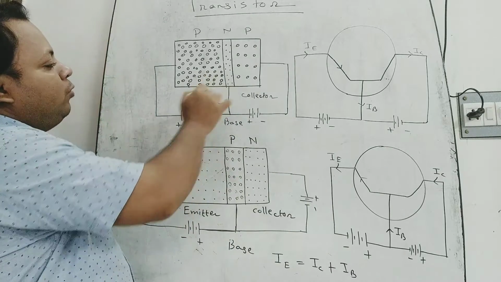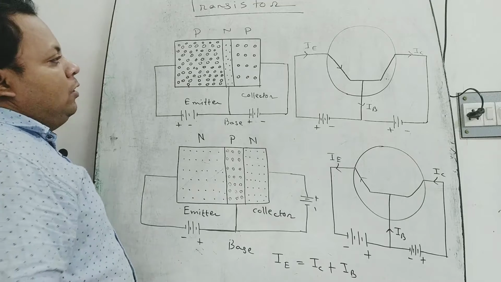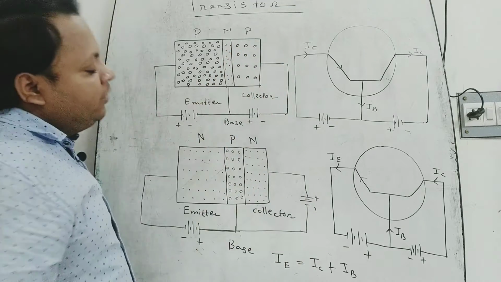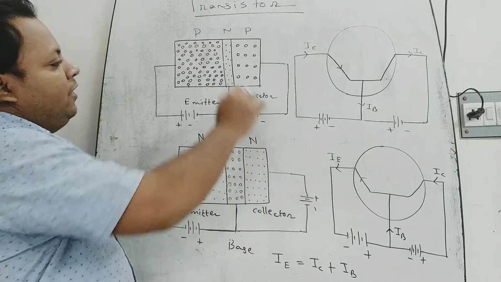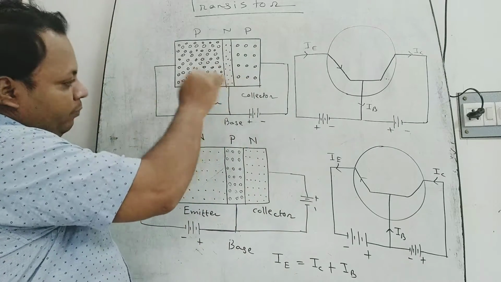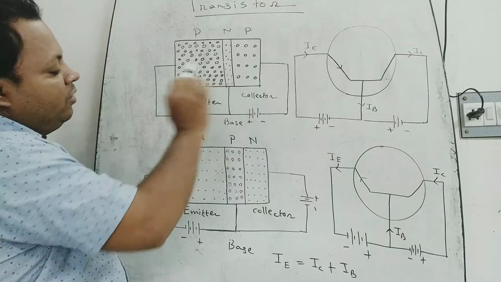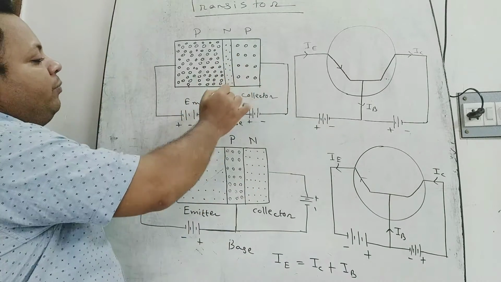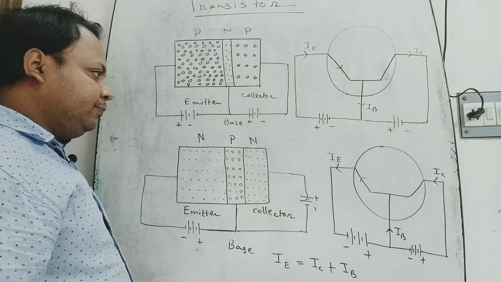That is, it is forward bias. And the P type collector is connected with the negative pole of the cell, and the N type base is connected with the positive pole of the cell. That's why the collector and base are in reverse bias.